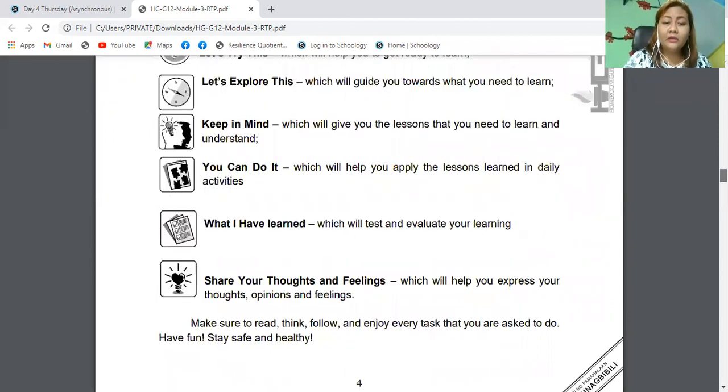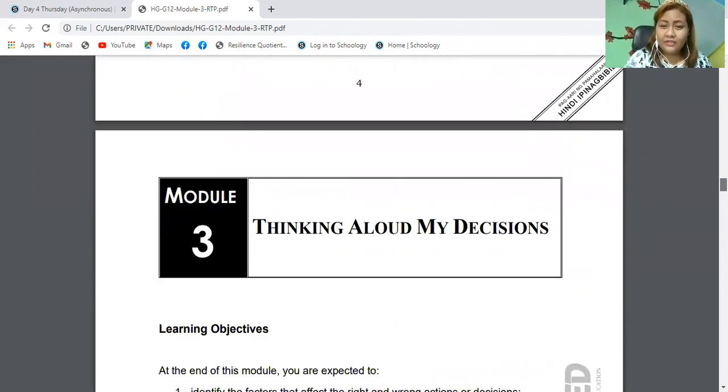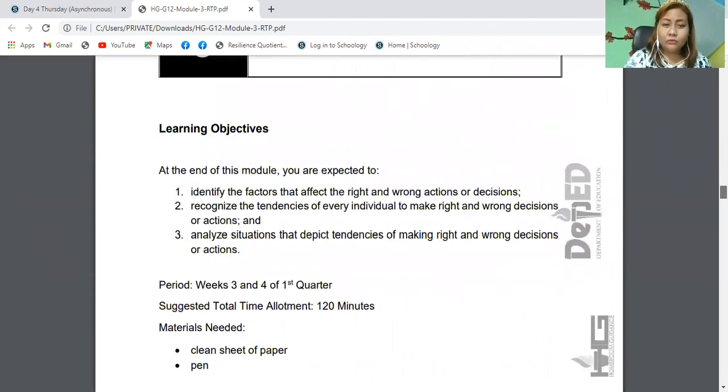But anyway, I hope that after this module, you'll be able to identify the factors that affect the right and wrong actions or decisions, recognize the tendencies of every individual to make right and wrong decisions or actions, and analyze situations that depict tendencies of making right or wrong decisions or actions.